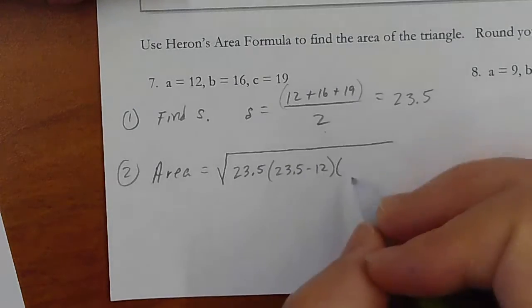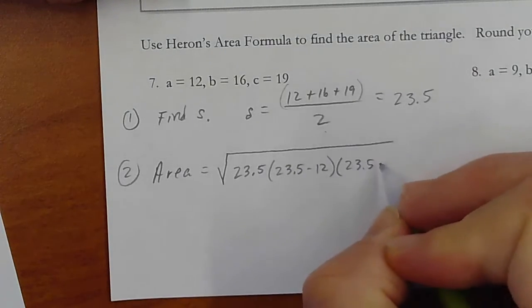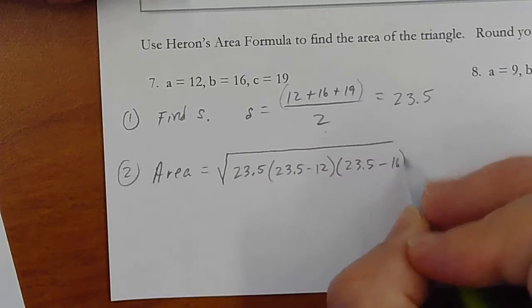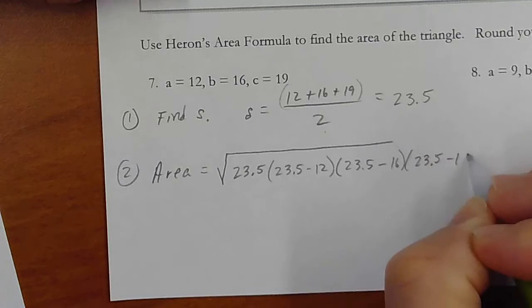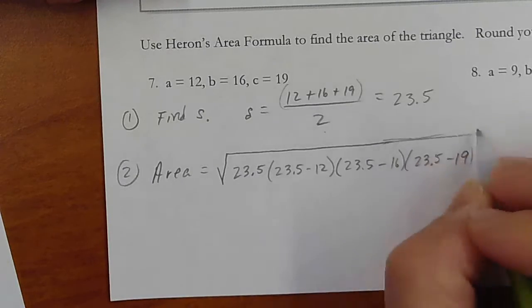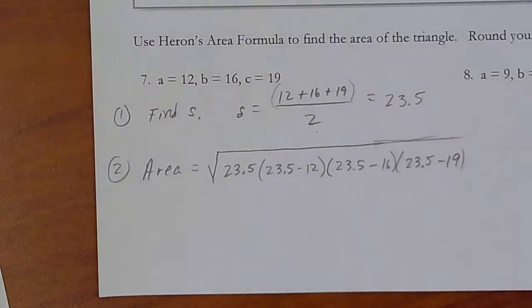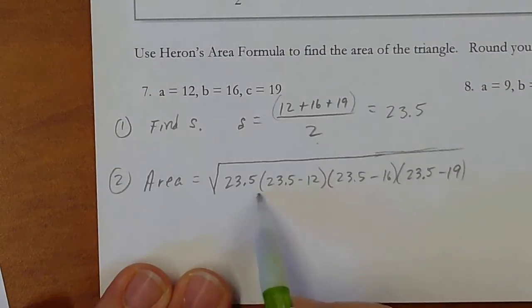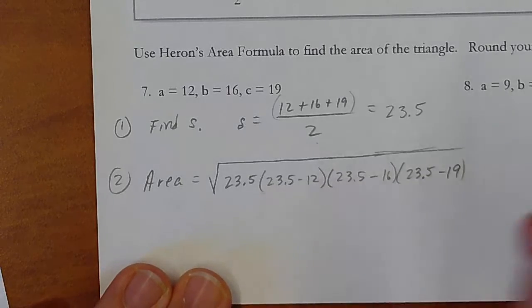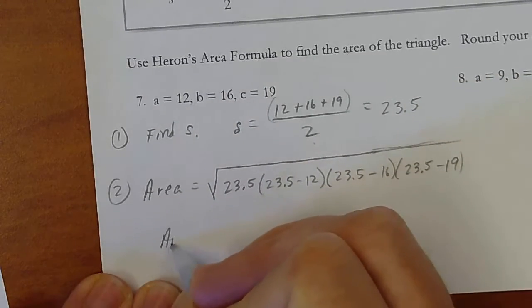So there it is, minus A, minus the B value, then minus the C value. Okay? So it's an easy formula to use, but it's going to be a lot of typing, because when you go in and punch that in, you can once again just put it all under the square root, punch it in just the way you see it, and we get our area.